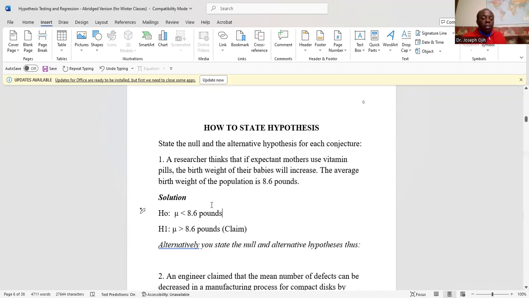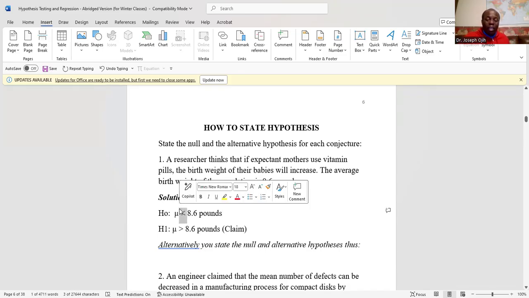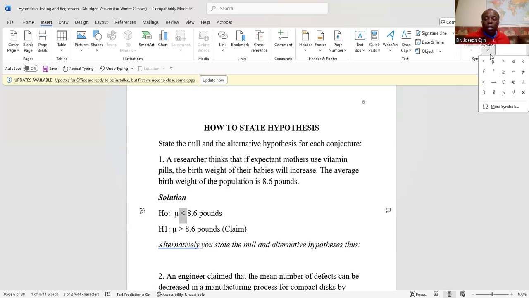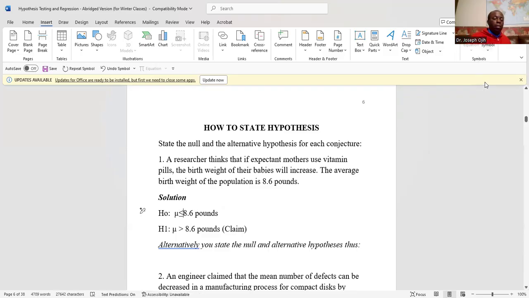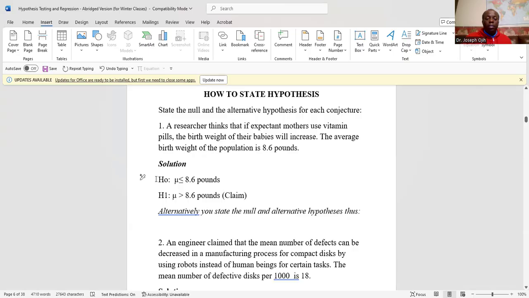Now the problem is that we cannot use less than here. We can only use less than or equal to. So I'm going to change it to less than or equal to here, and that's it. You have stated the hypothesis.